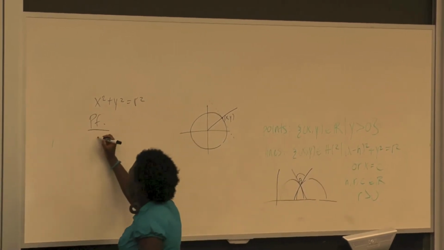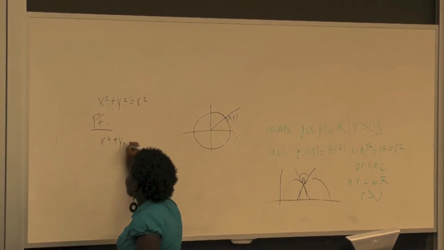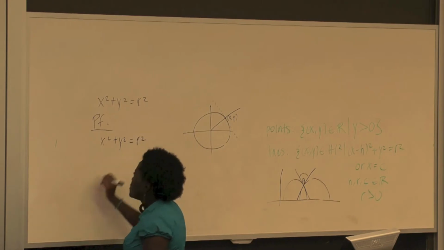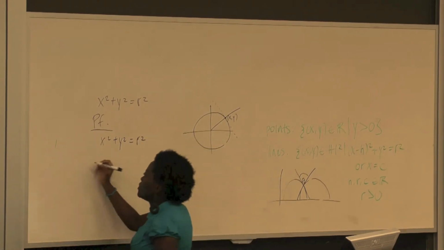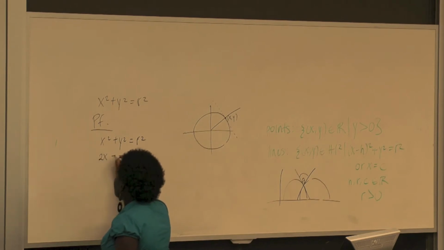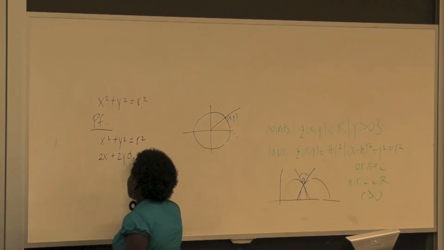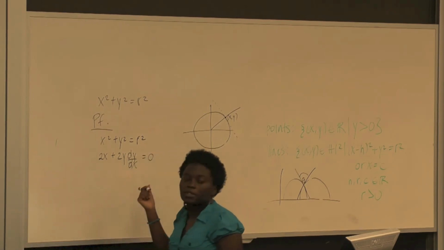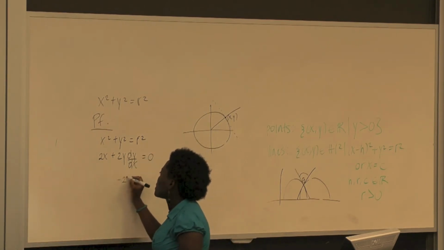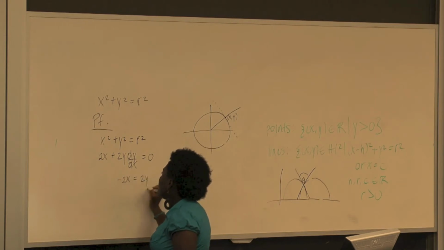Okay, so we have x squared plus y squared is equal to r squared, right? So we'll just take the derivative, right? So we use implicit differentiation, right? So we get 2x plus 2y dy/dx is equal to 0, right? So we want to solve for dy/dx. We get that negative 2x is equal to 2y dy/dx, right?